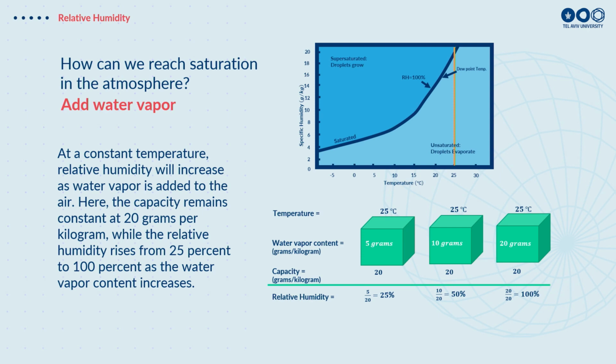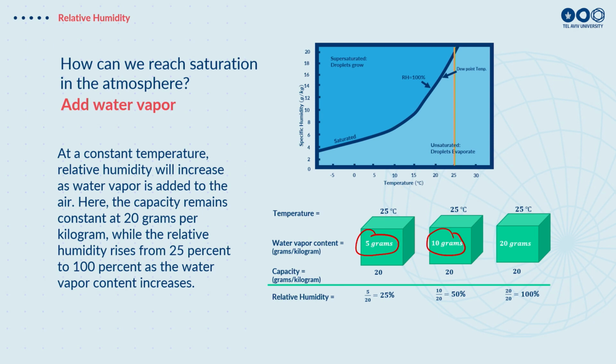So we start out, first of all, with 5 grams of water per kilogram of air. And we'd see that if we take 5 over 20, we have 25% relative humidity. 20 is the maximum we can have. If we then double this to 10 grams, 10 grams out of 20 is 50% relative humidity.